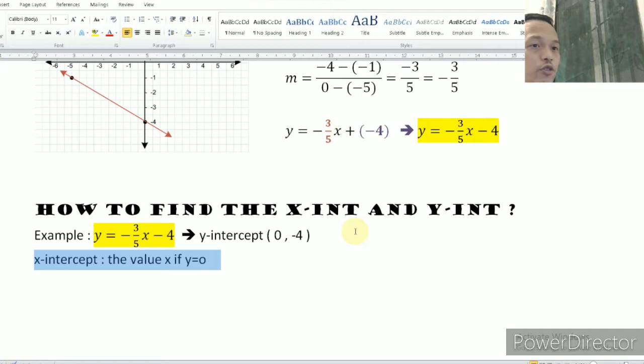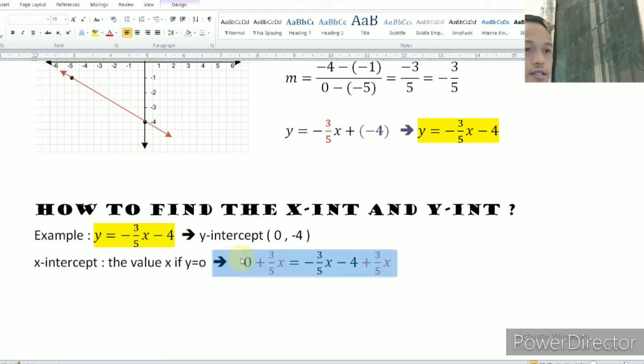So the next thing that we need to learn is how to find the x-intercept, the value of x if y equals 0. So I will just substitute the y by 0 here to find the x, right? So I substitute 0: 0 equals negative 3 over 5 x minus 4. So I will isolate the x here to find the value of x.